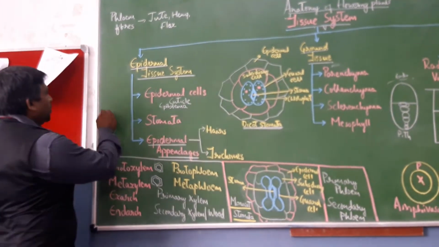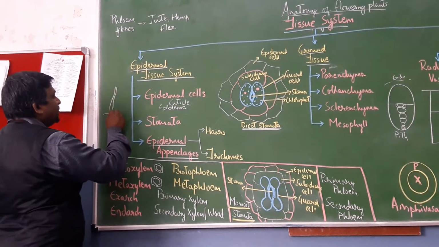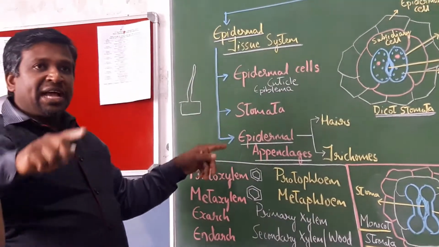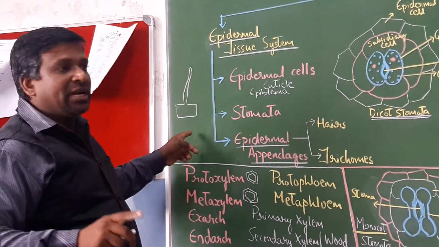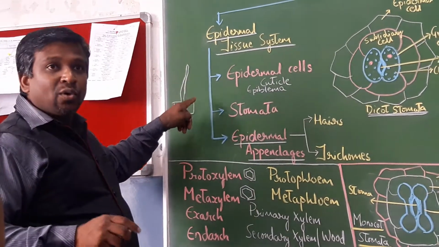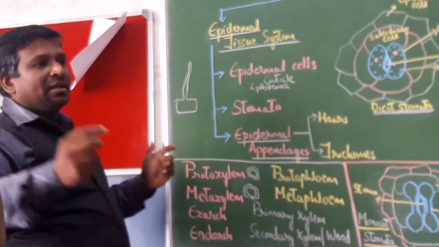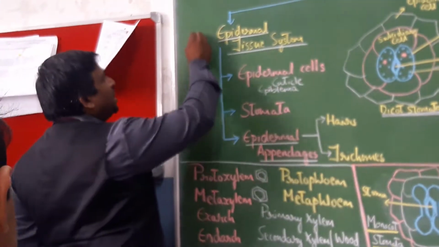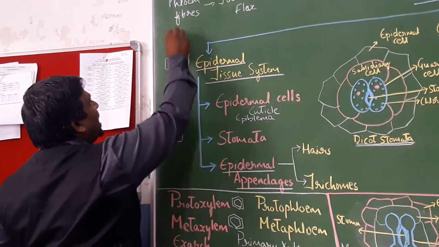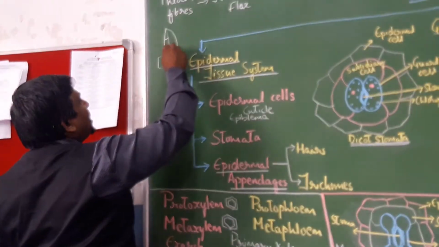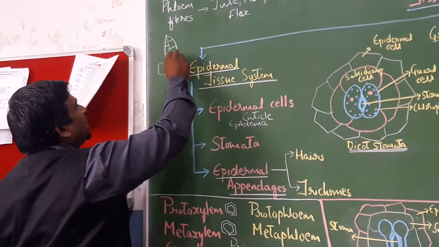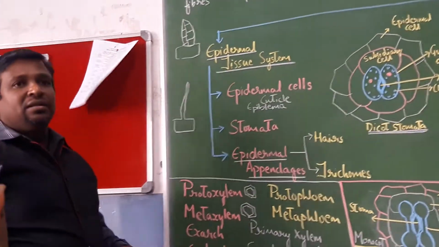See, in root, you know that they have a root hair which is unicellular. When we come to anatomy, I'll again discuss about it. The epidermal cell gives rise to an extension called root hair, which is unicellular. In case of stem, the epidermal cell gives rise to a structure called the trichome, which is multicellular.